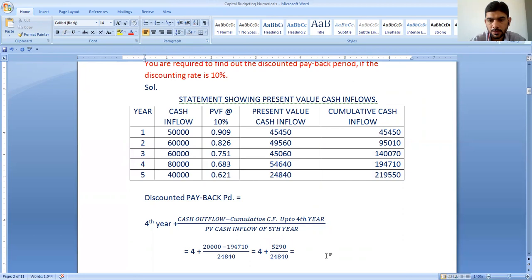Dividing these two values, it will be 4 plus 0.212, or we can say that 4.212 years will be the discounted payback period of this problem.